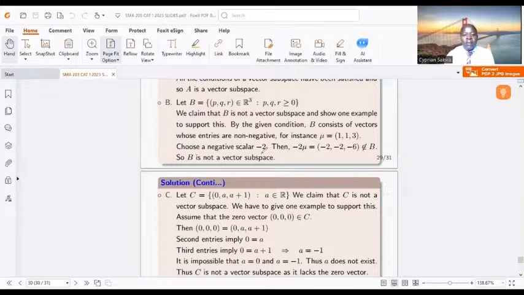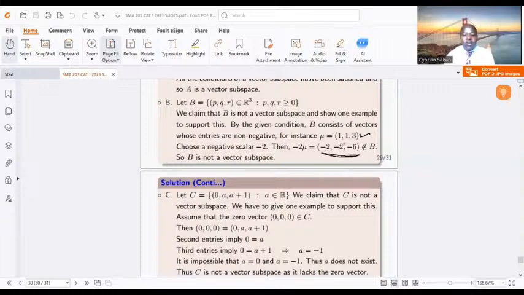Because if I consider a negative scalar like -2 and multiply it by a vector in B, because B will contain vectors like this mu, which has non-negative entries. If I take this mu, which is of course in B, and multiply by the negative scalar, I'll get this.